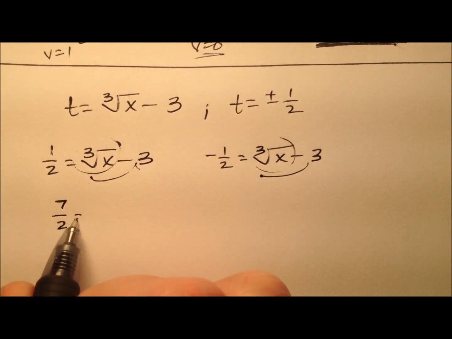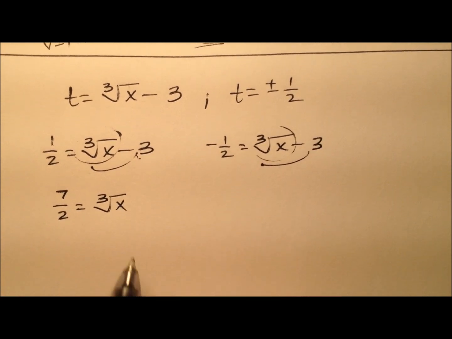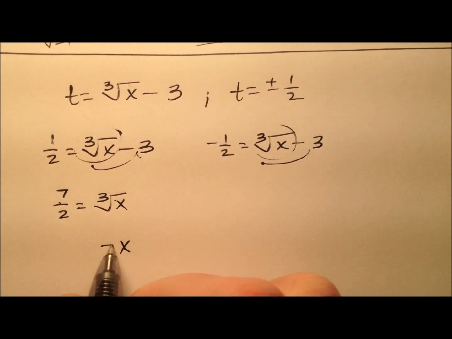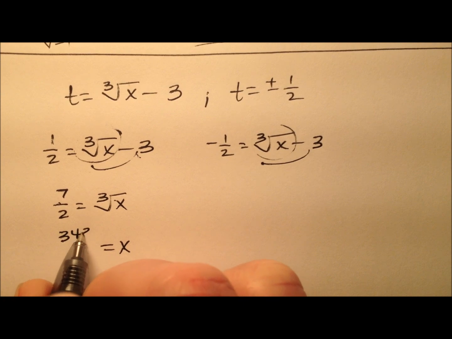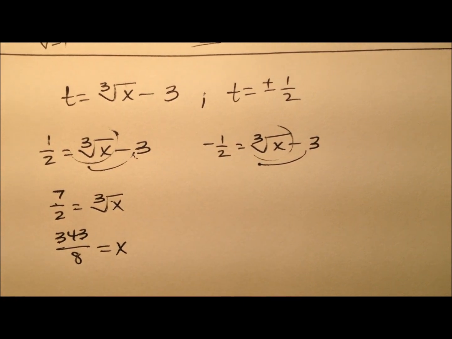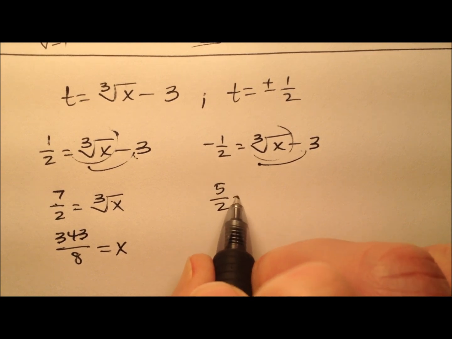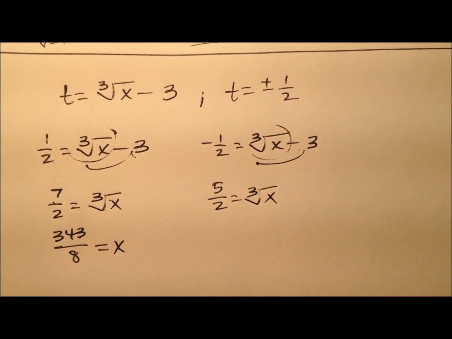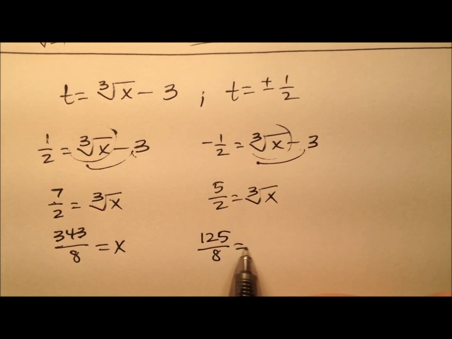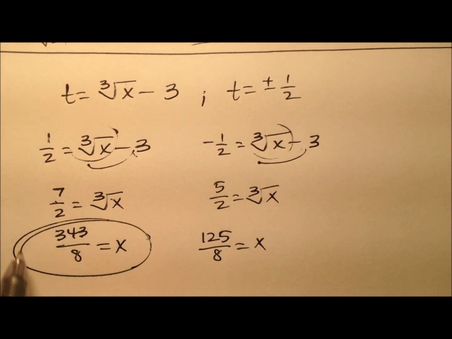So 7/2 equals that cube root of x. So when we cube both sides, it looks like x is going to be 343 over 8. Okay, similarly, when we add 3, we'll have 5/2 equals that cube root of x. Cube both sides, we have 125 over 8 equals x in this case.